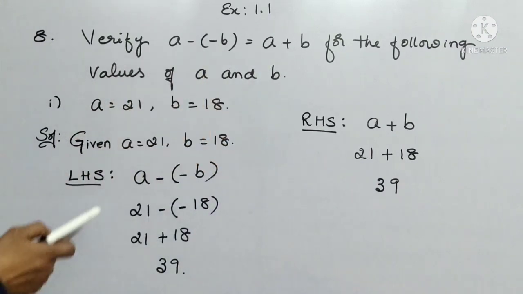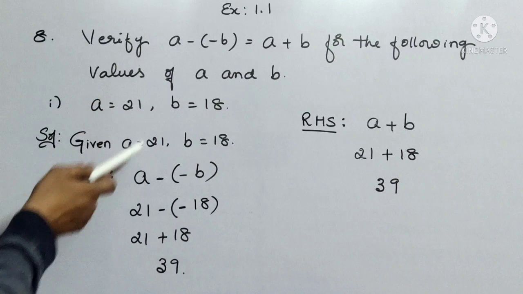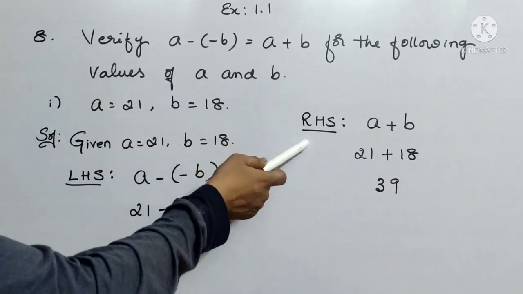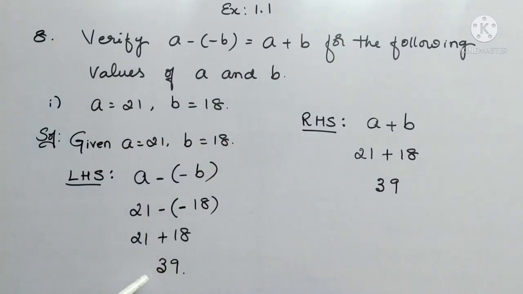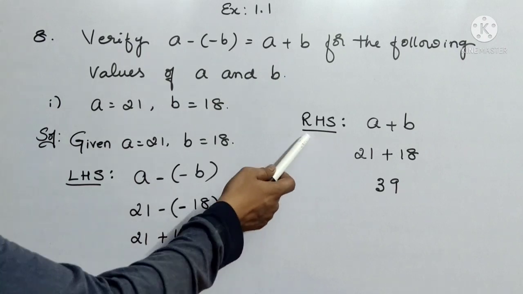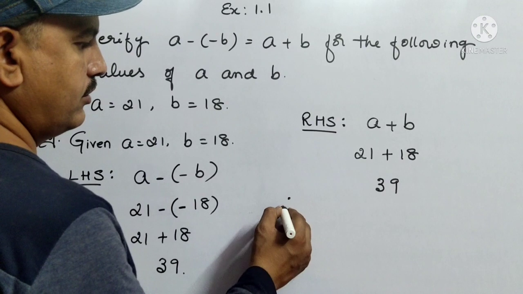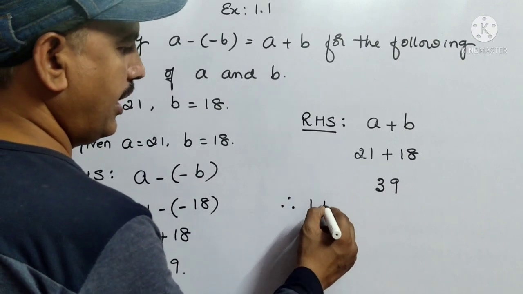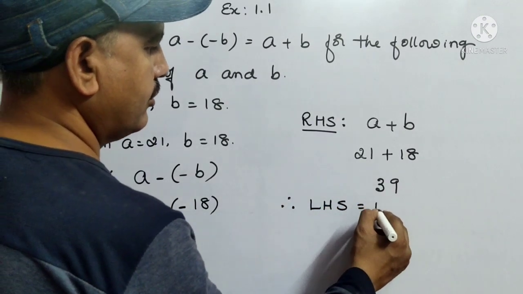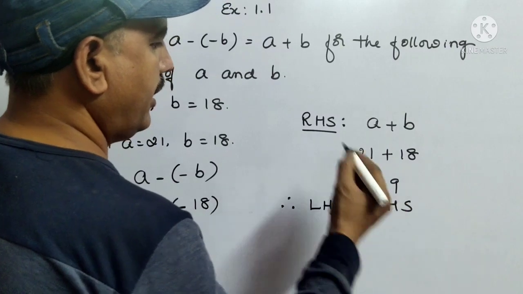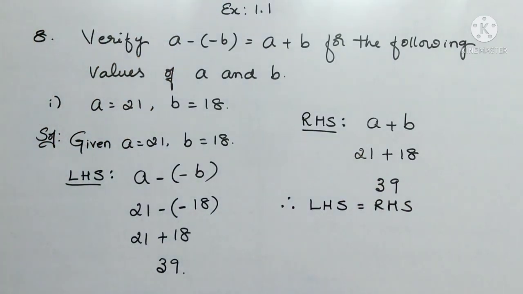Now what we did: we substituted the values on the LHS side as well as the RHS side. Then finally what did you get? LHS 39 and RHS 39. Therefore LHS equals RHS.